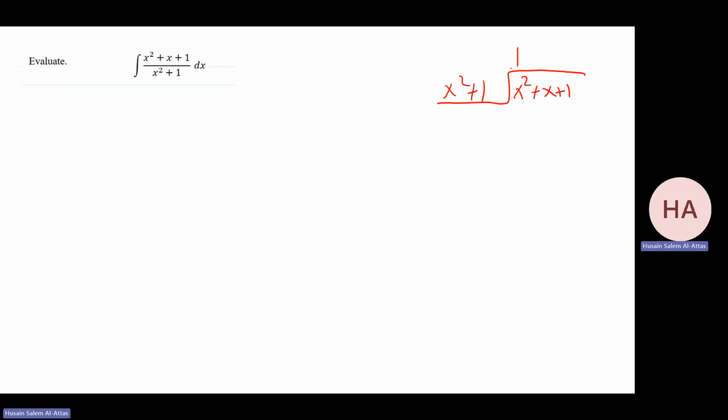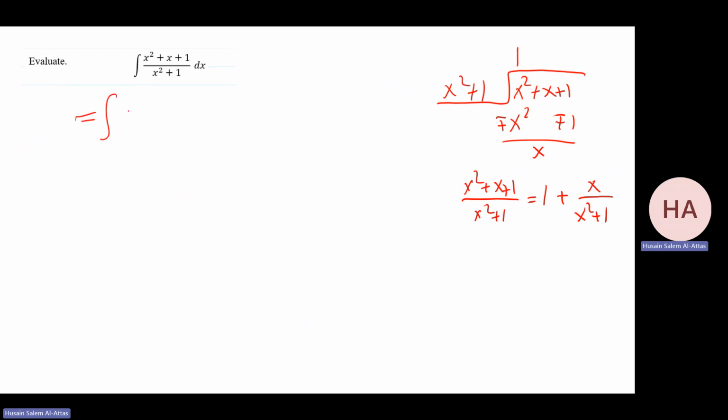x squared by x squared is 1, multiply. That will be x squared plus 1. Change the signs. I'm getting x. So it means this is equal to 1 plus x over this. Actually, you can see it easily without using the long division.